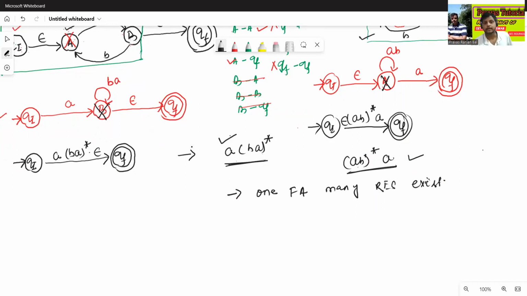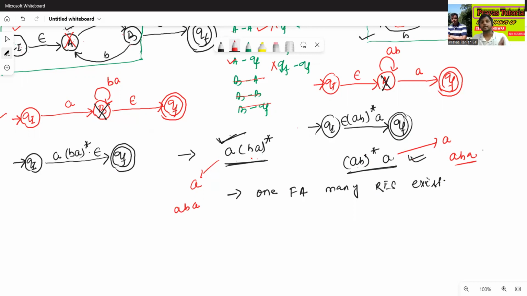In this case it is A BA whole star, and in the other case AB whole star A, but both will always generate the same strings. For example, both will generate A, and both will generate ABA. Both regular expressions may be different, but they will always generate the same strings. This is important.